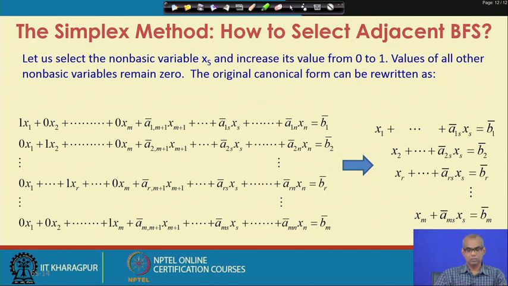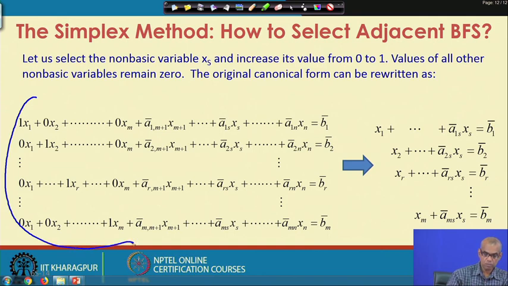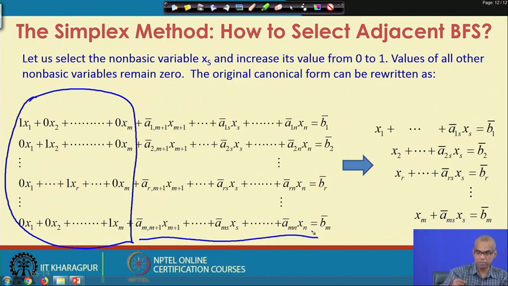So, let us see how we can do it. Let us select the non-basic variable xs and increase its value from 0 to 1. Values of all other non-basic variables remain 0. Let us look again at the canonical form. The first m variables are basic variables, and then m plus 1 to n are non-basic variables.